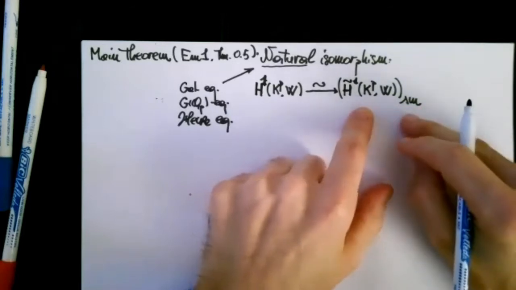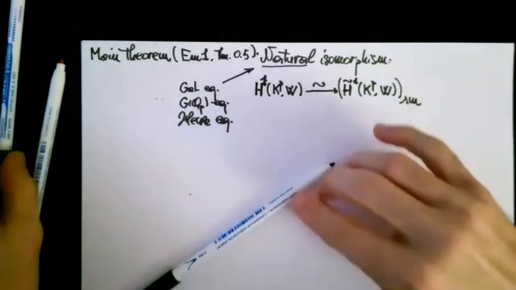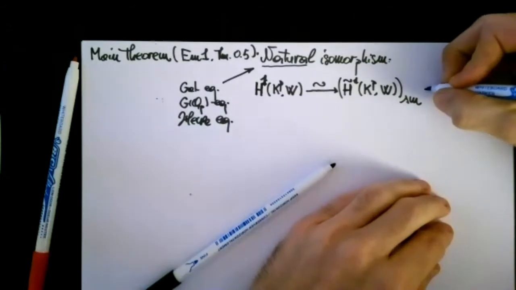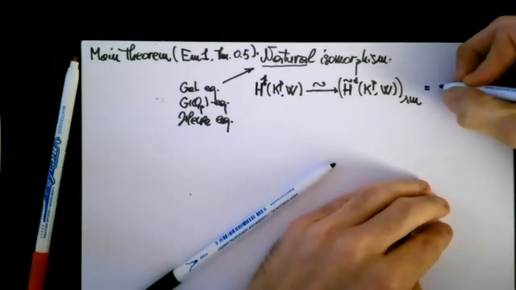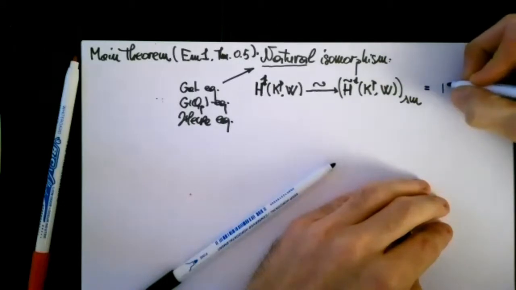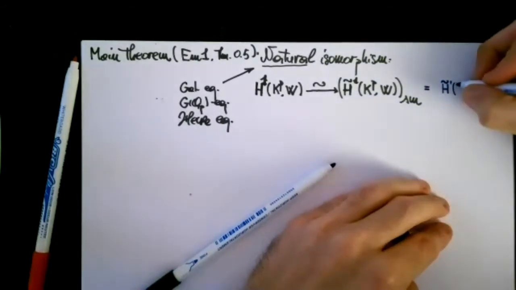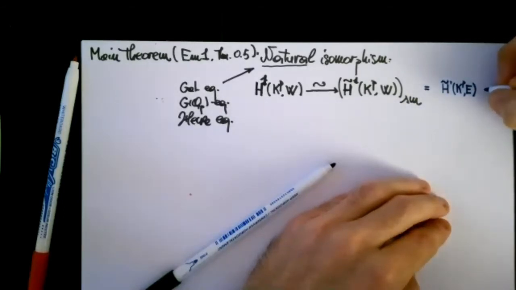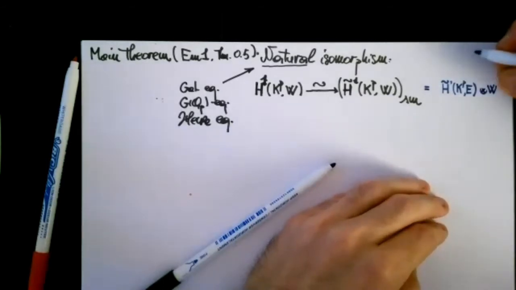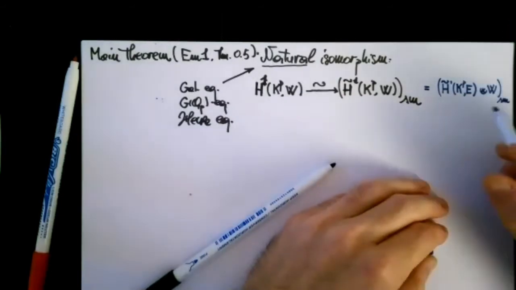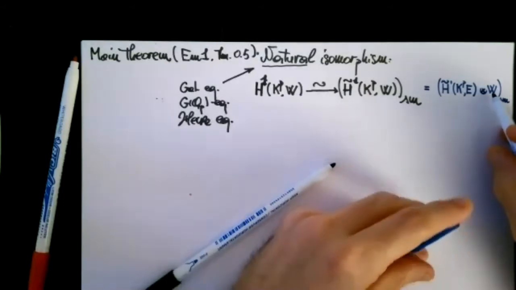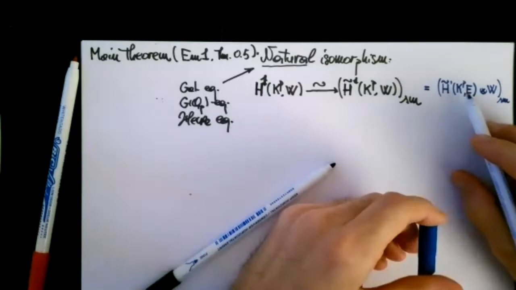In fact, this space can also be described as follows: I consider the representation with trivial coefficient, I tensor up with W, and I take the smooth vectors.